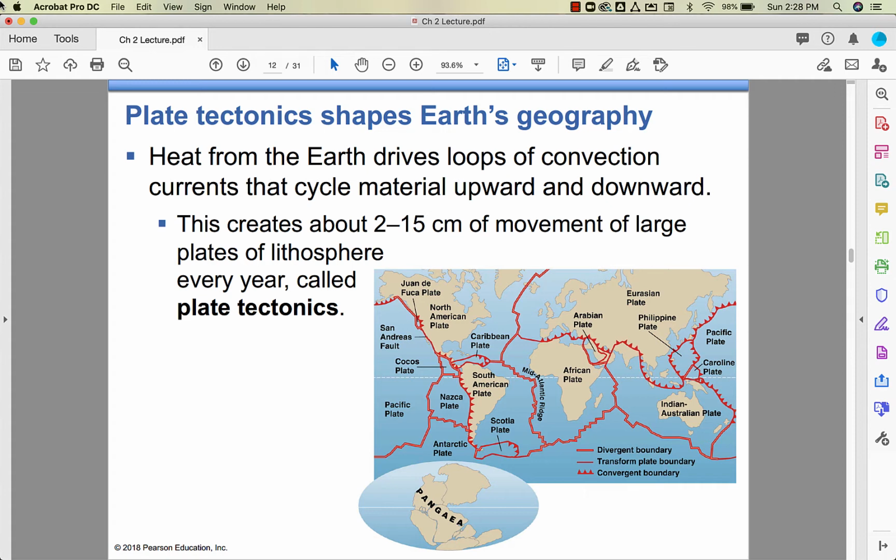It's going to bump into the lithosphere over top of it. And depending on how the convection currents in the asthenosphere line up, will give you different kinds of plate motion. You can see here that boundaries can be divergent, transform, or convergent. There are divergent boundaries that run through all of the oceans, and we are definitely going to talk about them.